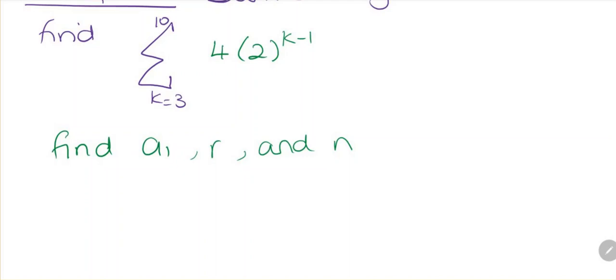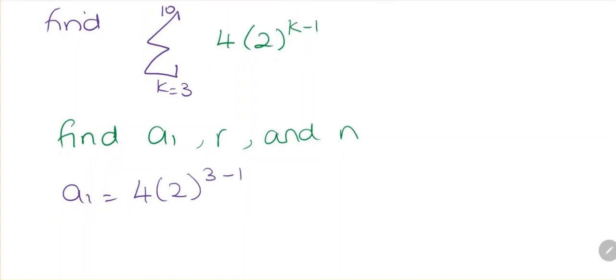So the first one, A1. So k is 3, so our first value is going to be 3. But we need to put the 3 into the formula. So this is going to be 4 multiplied by 2 to the power of 3 minus 1. So this is going to be 4 multiplied by 2 to the power 2, and that is going to be 16.